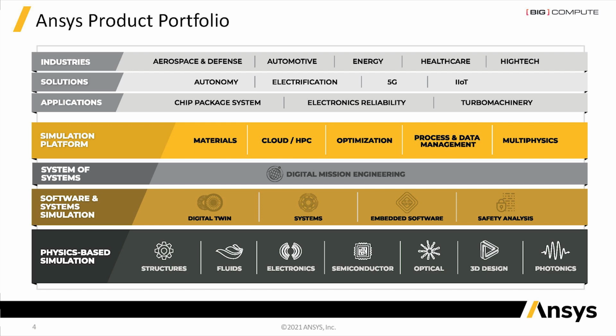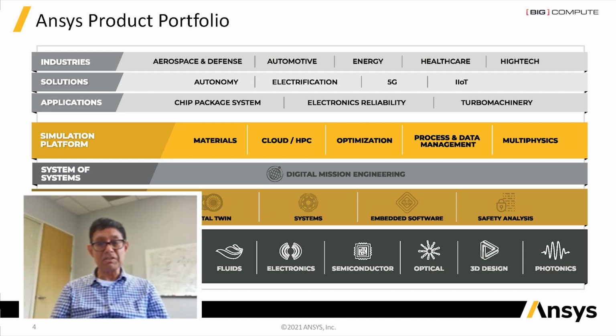We take our simulation solvers and we have built out entire solutions for autonomy, electrification, 5G, and industrial Internet of Things. And we serve more than 40,000 customers in the verticals of aerospace and defense, automotive, energy, healthcare, and high tech.